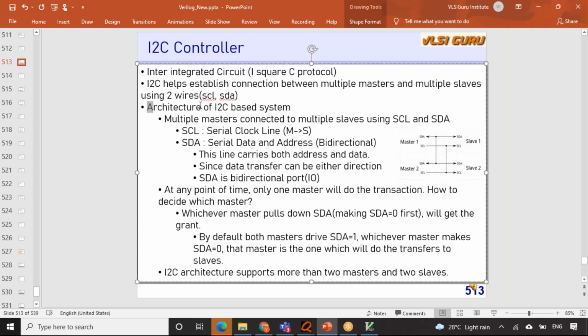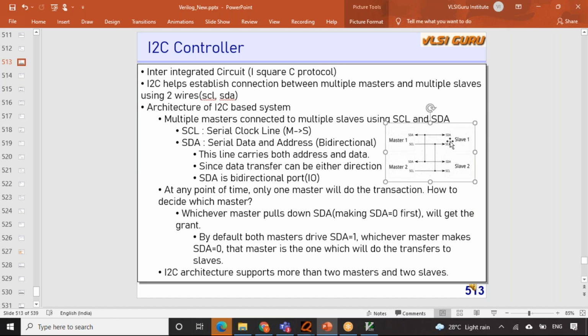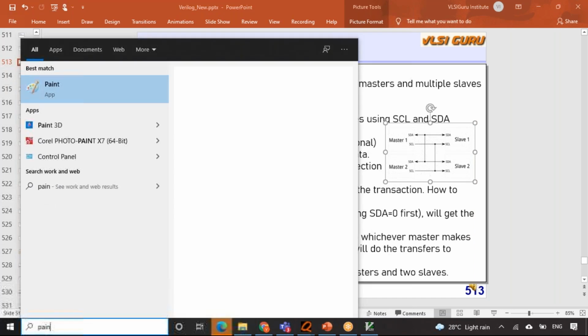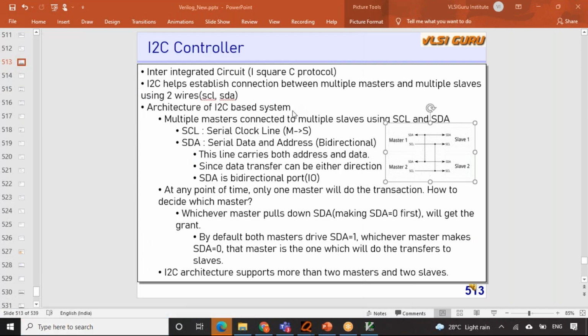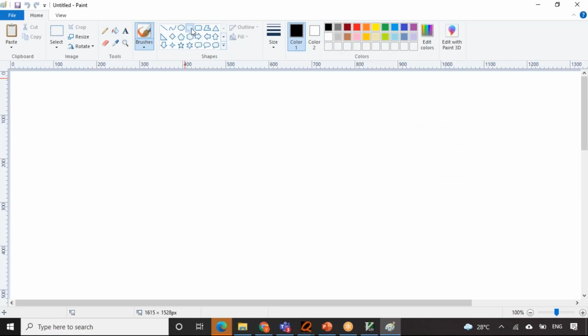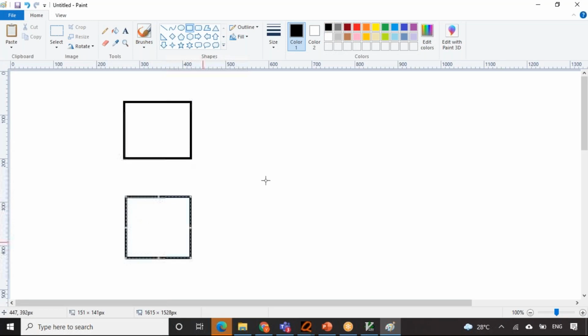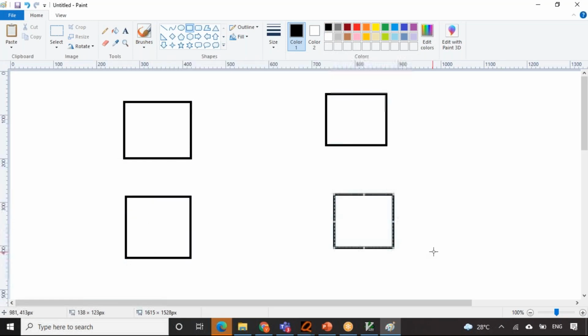So what does the architecture of an I2C based system look like? This is what the architecture looks like. You can see here there is a master 1, there is a master 2, there is a slave 1, slave 2. Let's take Paint and draw that. Master 1, master 2, slave 1, slave 2.